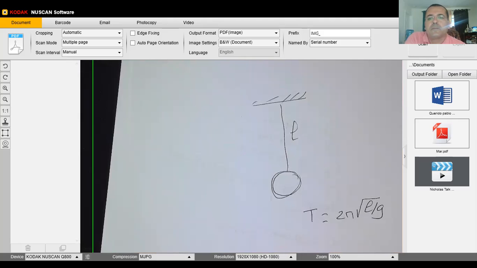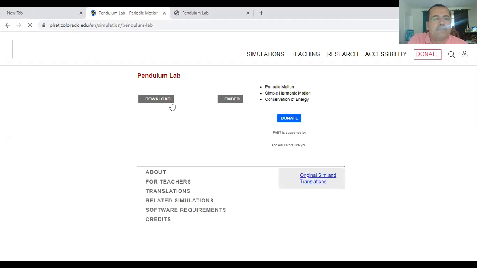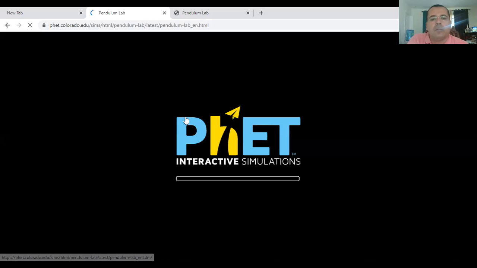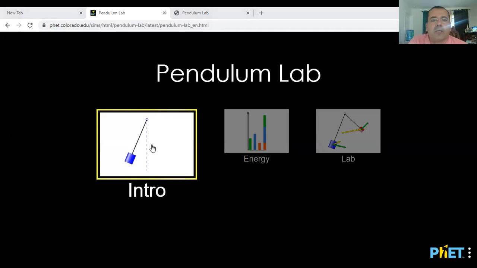If you see it here with me, this is the simple pendulum lab simulation. So this is the lab, by the way.